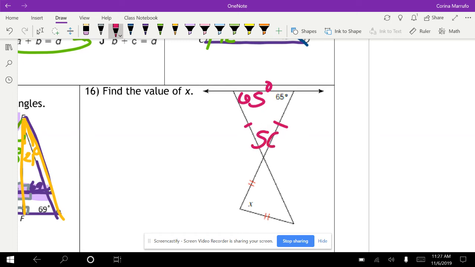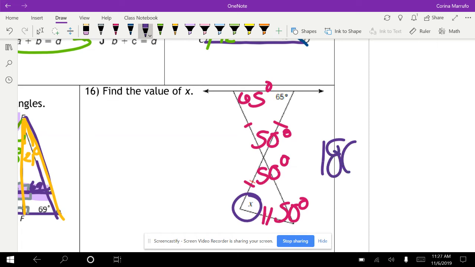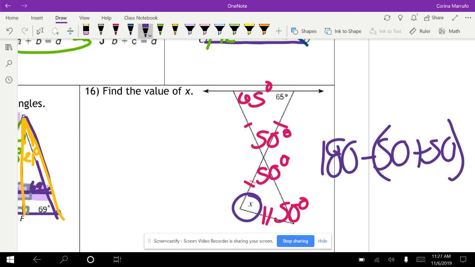So this angle is 50. And if that angle is 50, then this angle is 50. And since these two sides are the same, if both of them are 50 and 50, then to find angle x, we take 180 and we subtract 50 plus 50. And 50 plus 50 is 100, and then you subtract that from 180, and that gives us 80 degrees.